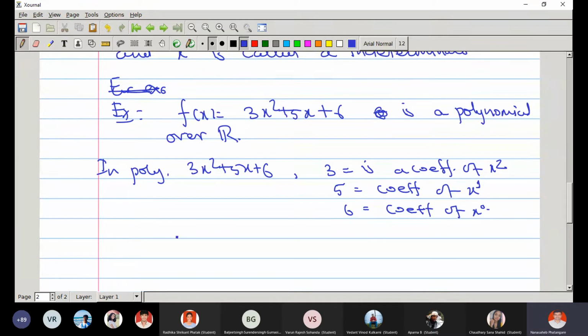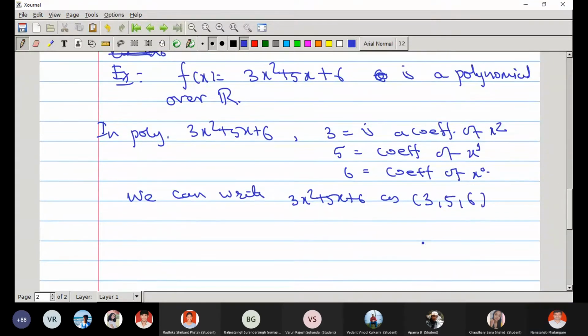Therefore we can write this polynomial 3x square plus 5x plus 6 as (3, 5, 6), right? What does it mean?